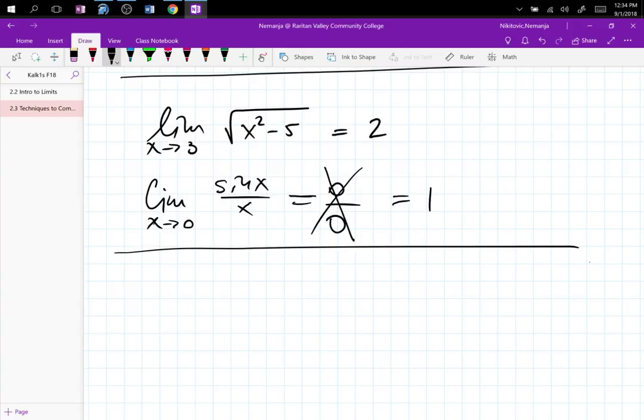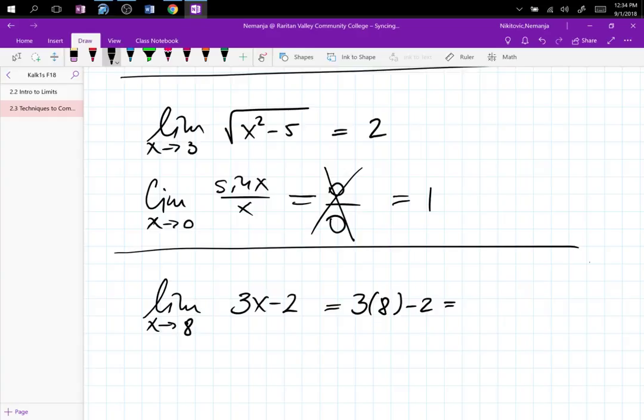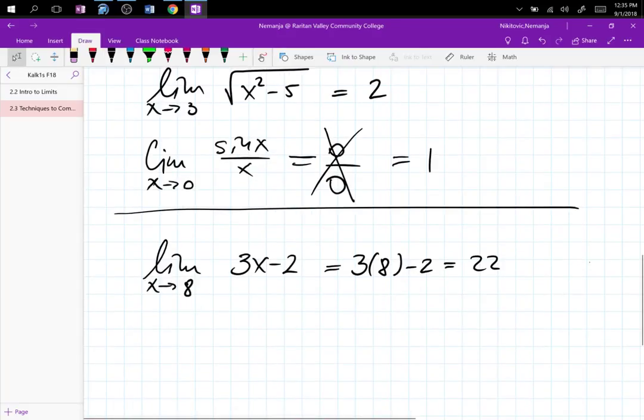Another example where you can plug in would be, let's say you have a linear line, 3x minus 2, as x goes to 8. Well, we are allowed to do this because it works. The answer is 22. So clearly it works in this situation.